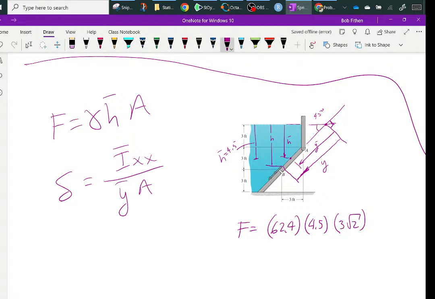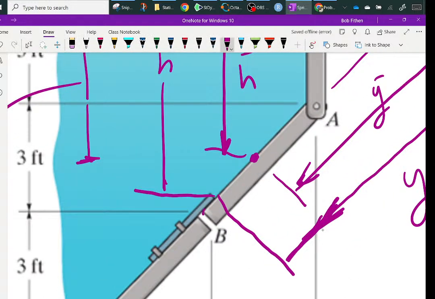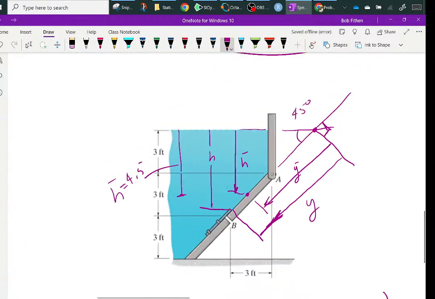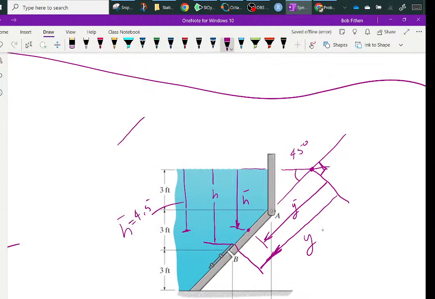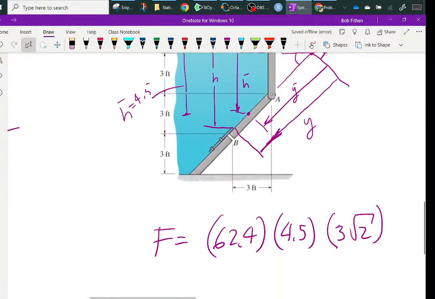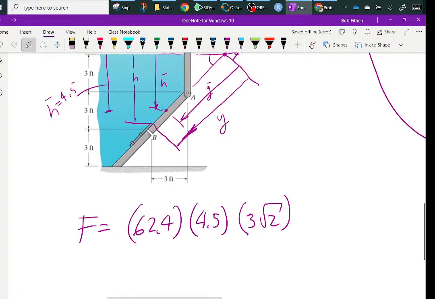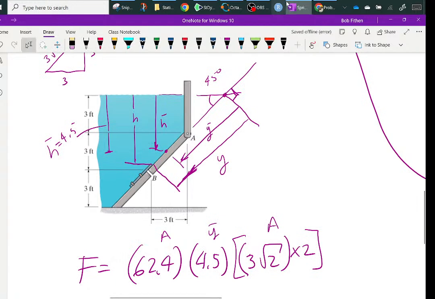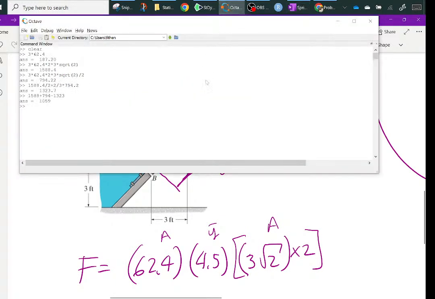So in other words, I know the distance between here and here, given the fact that this is 3 and this is 3, so that means this is 3 square root of 2. And it said it was 2 foot into the page. So this is the area. This is the Y bar. This is the A. So let's see if I can match what I had before.